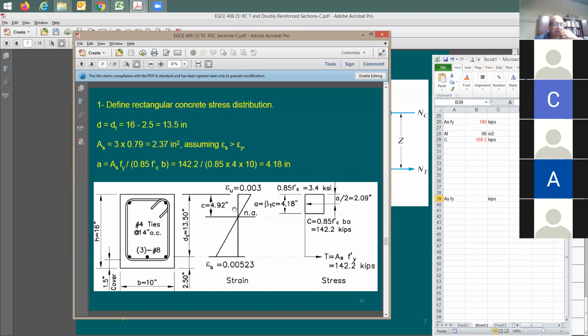Can you help me with this? Sorry, Professor, but I'm still a little confused. I'm not 100% sure how to do it. Okay. How do you find out the tension in the steel? Do you know in general terms how it works?